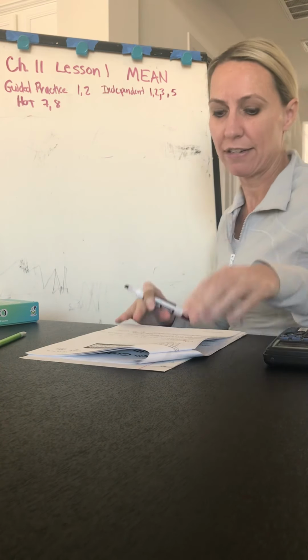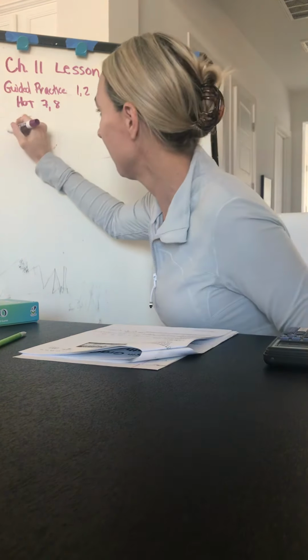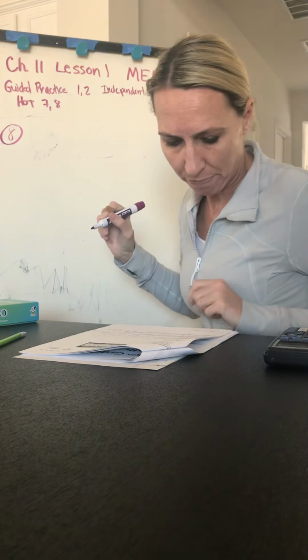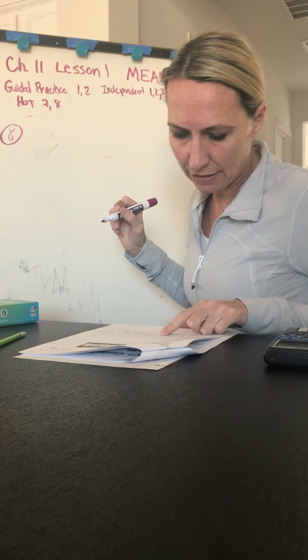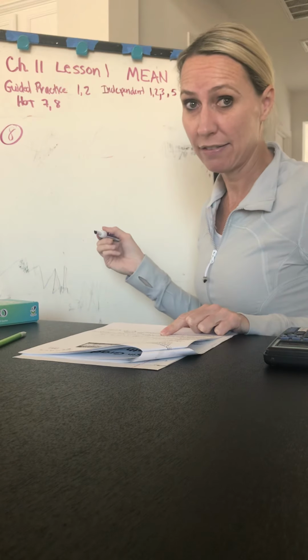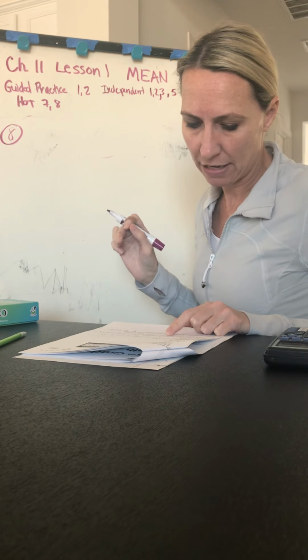Okay, that last problem, number 8. This one's hard because there's missing data. Actually, there are 2. It says the mean of the set of data is 45. So they gave us the mean, and we have to find the missing data. Here are the numbers.